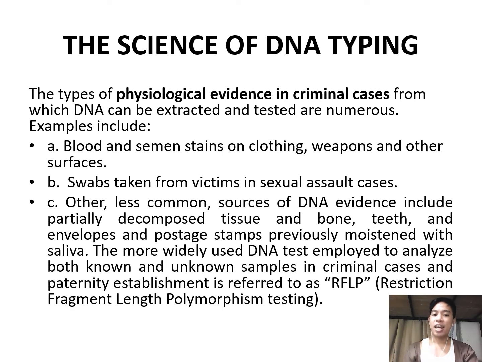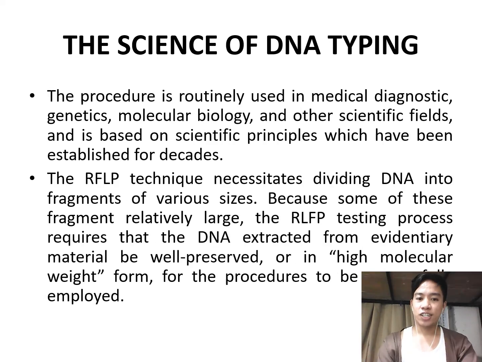So, yon. And most widely used DNA tests employed in criminal cases are yung tinatawag nating RFLP or restriction fragment length polymorphism testing. Meaning to say, mga fragment lang yung kinukuha natin. Ano? So, dito po, sa science of DNA sampling, ang RFLP technique necessitates dividing DNA into fragments.